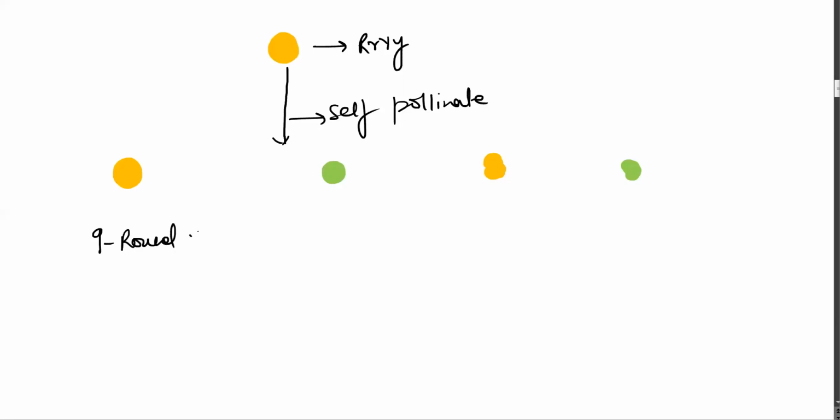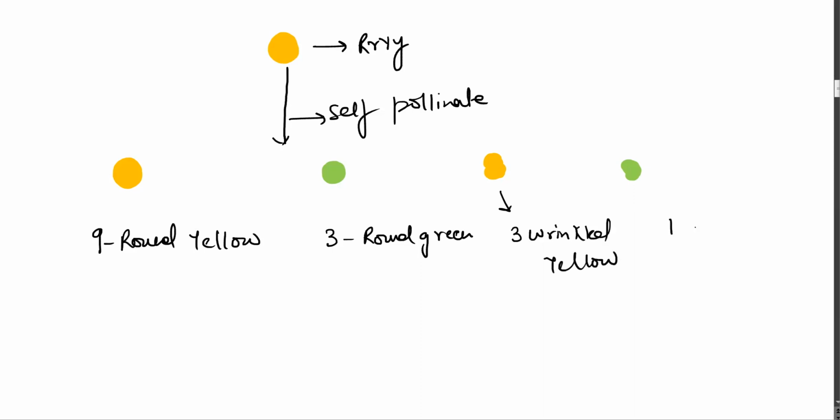So when he self pollinated this in the second generation, what did he find? On self pollination of these, capital R small r and capital Y small y, he found 9 were round yellow, 3 were round green, 3 were wrinkled yellow, and 1 was wrinkled green.